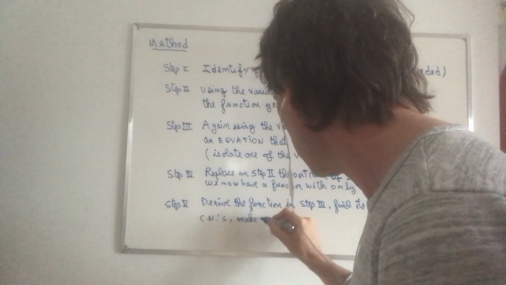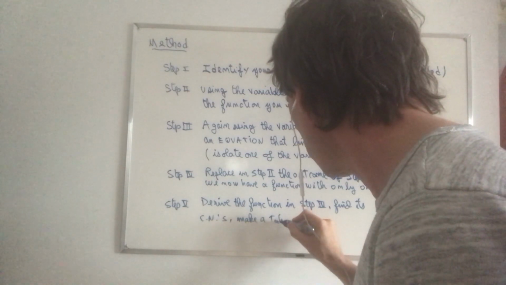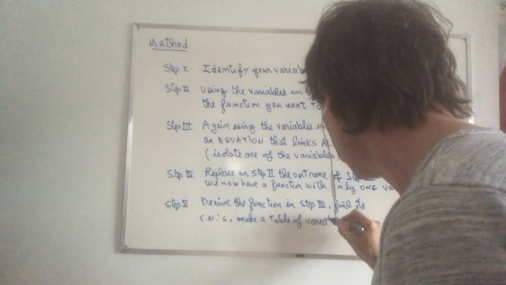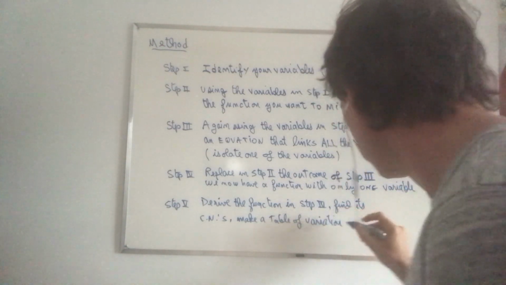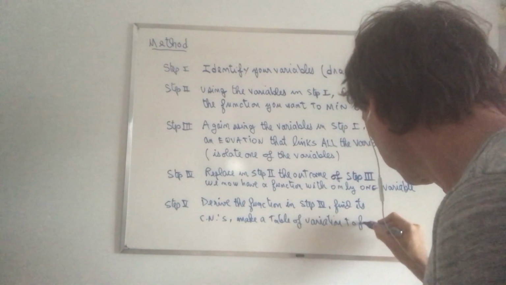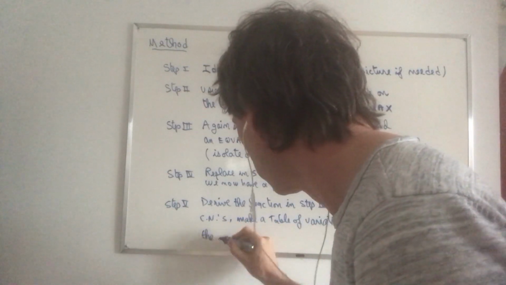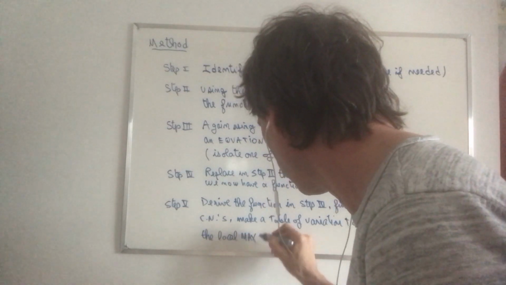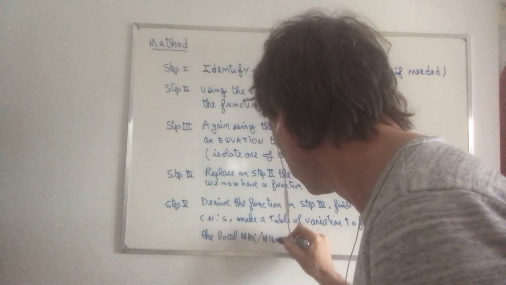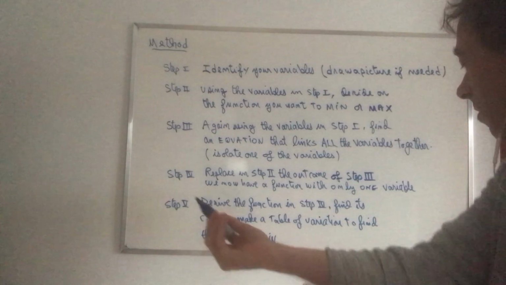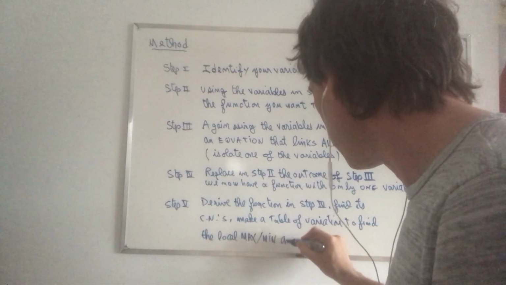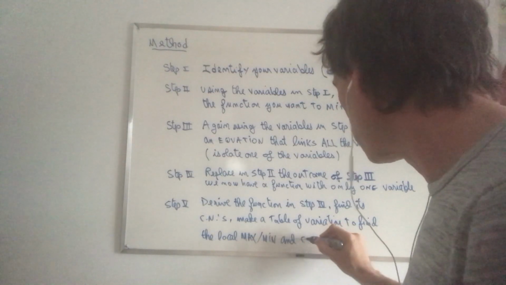Make a table of variation to find the local either max or min, depending on what you're looking for in your problem. Make a table of variation to find the local min, and that's it. You're done. The problem is solved.